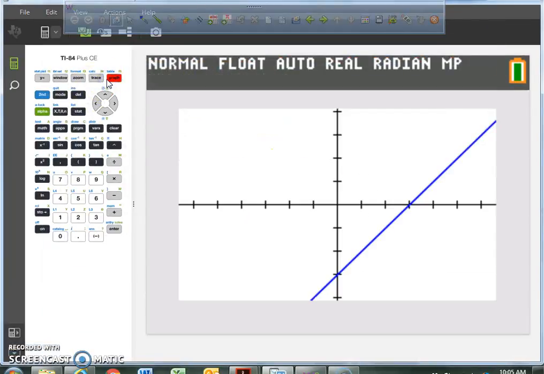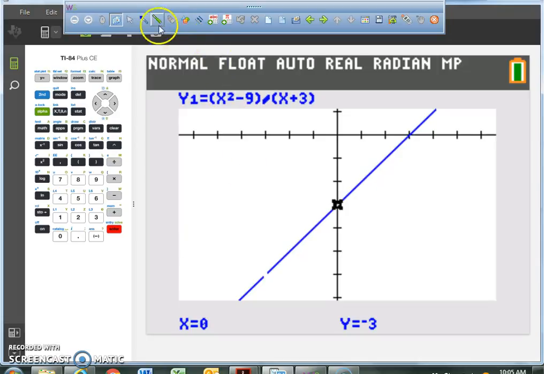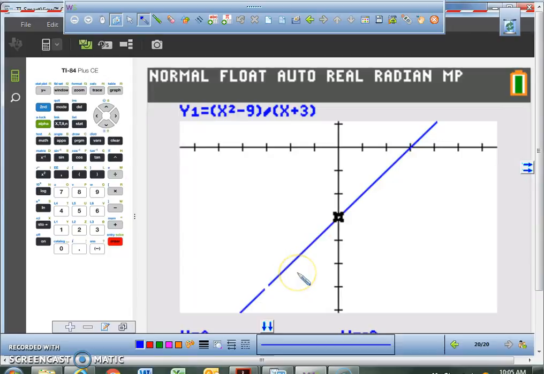So if I hit graph, I'm going to hit trace, and I'm going to press enter. Oh my gosh. I think I see something. Bill, you see something? He sees something. I see something. That's Philip, right?